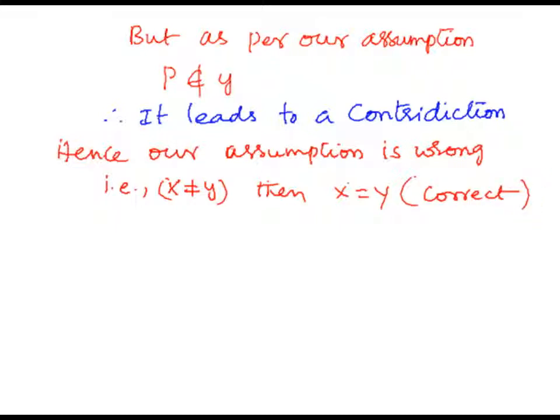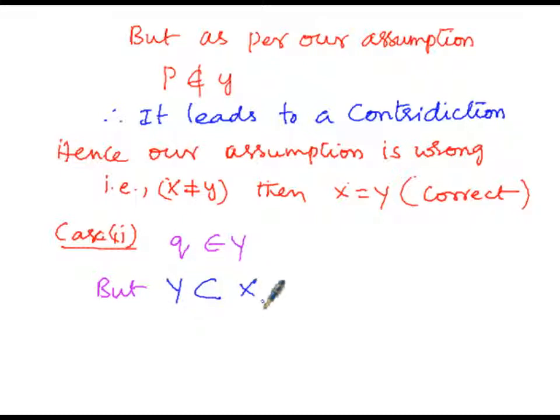So similarly, let us see case number 2. In case number 2, we have assumed one element, that is Q belongs to Y. But here we know that Y is a subset of X, so it is already given.